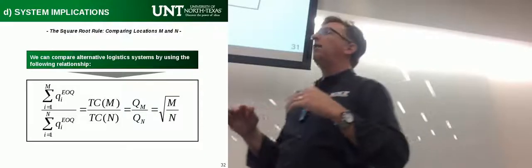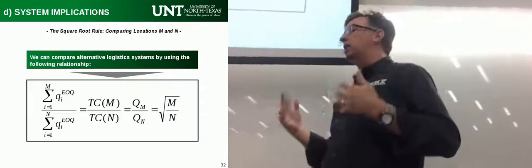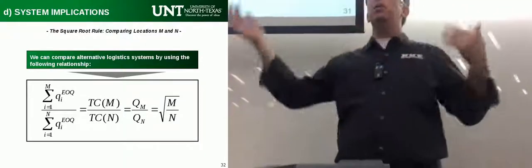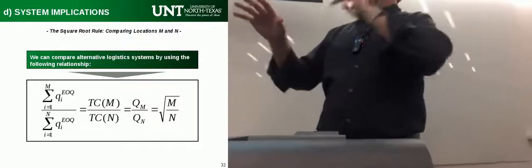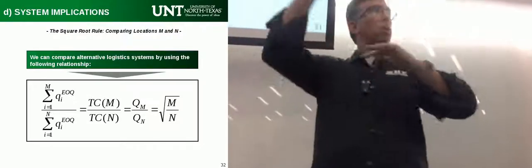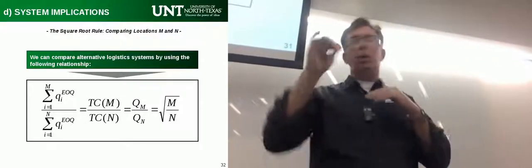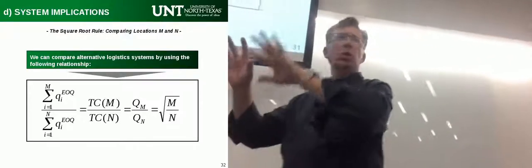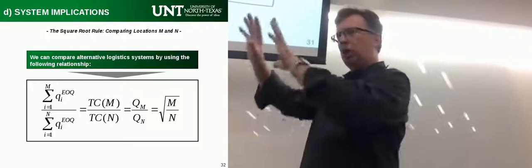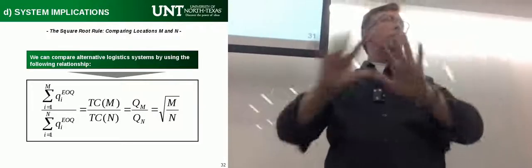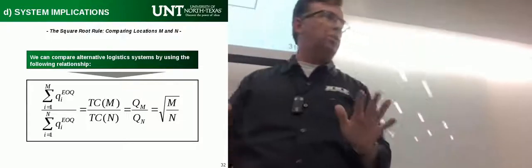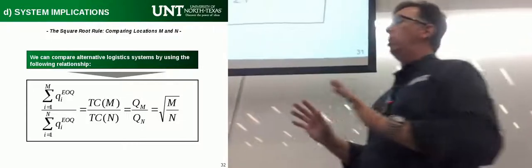So if you're saying, I've got 5 vials of snakebite venom, and I've got to open up all these new hospitals, do I need a new vial for every hospital? No. You scale by the square root of the ratio of those locations. So whether it's units of inventory, dollars of inventory, total costs, whatever units you're measuring it in, it's in this ratio dynamic.